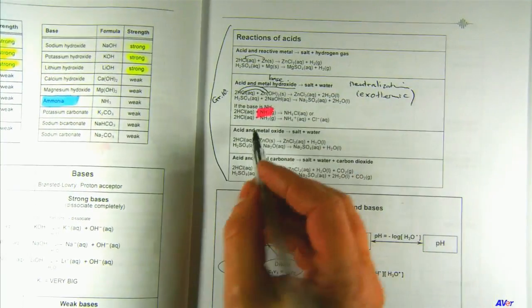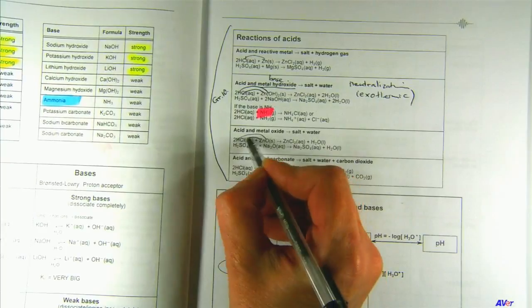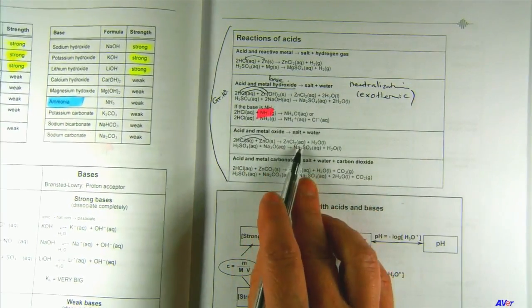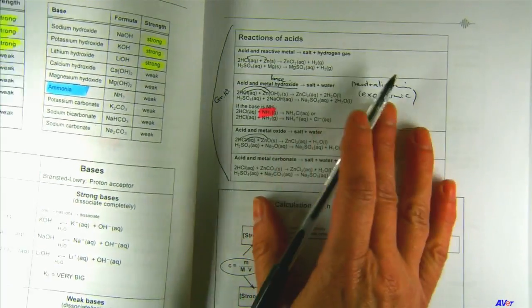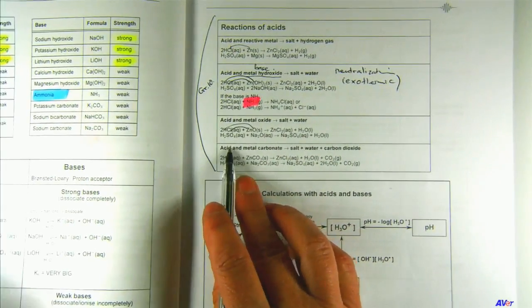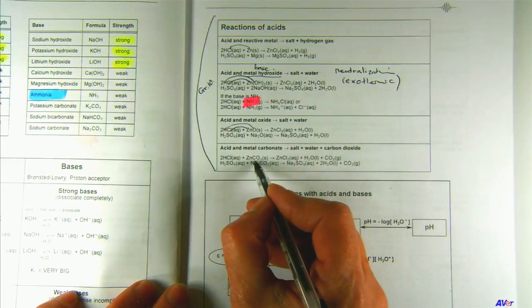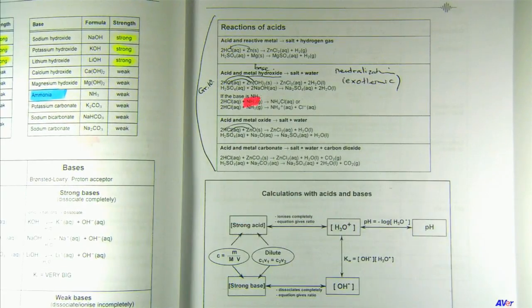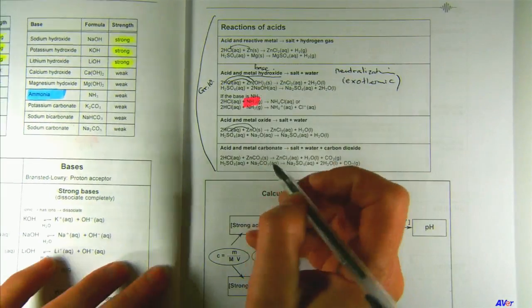Right, and then acid and metal oxide, same thing. Do an ion exchange. The positive of this one goes to the negative of that one. And the last one there, acid and metal carbonate. Carbonate, CO3. If I look at that CO3, I actually see the CO2 in there. Can you see it's got CO2 in there?